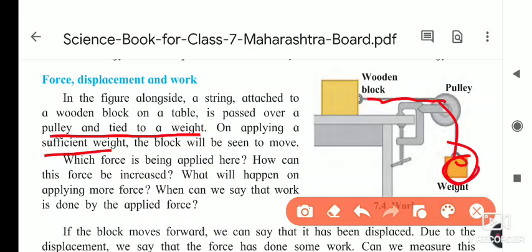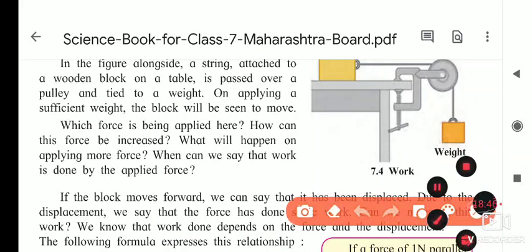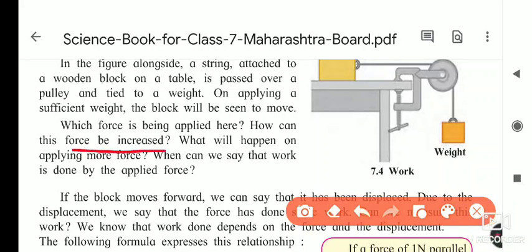If we apply more weight than that, then what happens? The wooden block will move forward. Which force is applied here? The weight is the applied force. How can this force be increased? We can increase this force by increasing the weight. What will happen on applying more force? The block will move forward and forward.